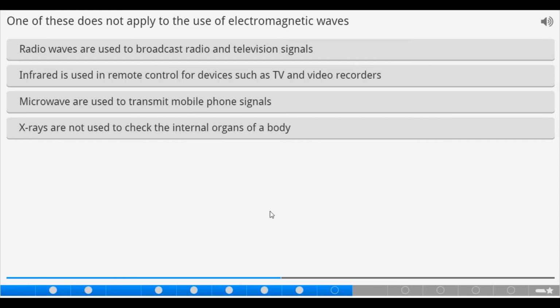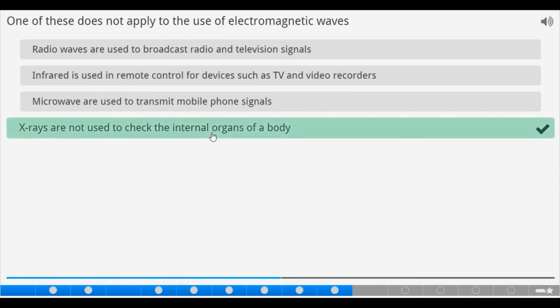Microwaves are used to transmit mobile phone signals. Yes. X-rays are not used to check the internal organs of a body. That is false. X-ray is also part of electromagnetic waves, and it's used in checking the organs of the body. But the question said does not apply, so this last statement is false. That will be the answer. We pick it. That's the answer.